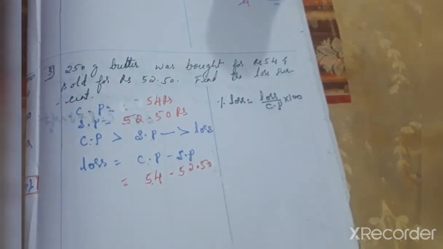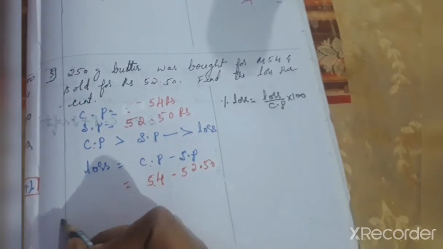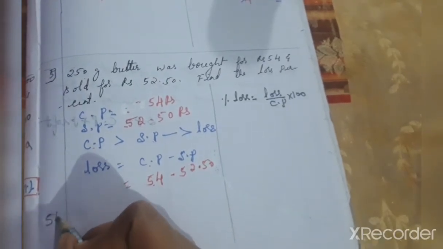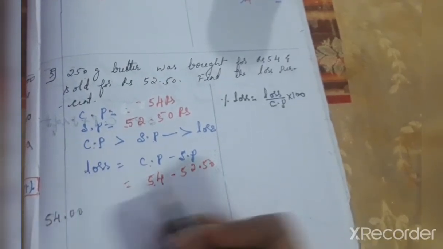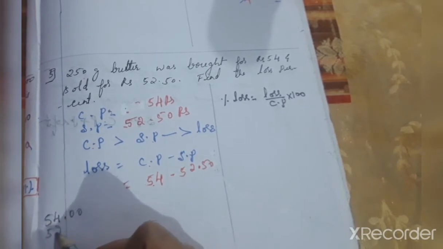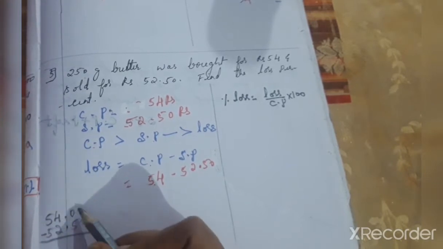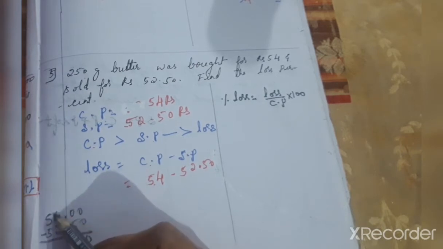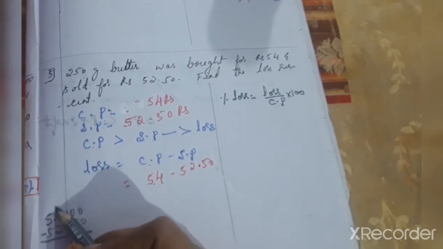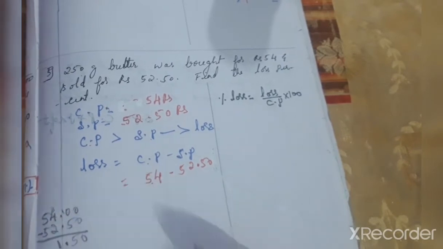How to write it? 54.00 we have to write, and 52.50 below it. The arrangement of numbers is very important in subtraction. 10 minus 5 means 5, 3 minus 2 means 1.